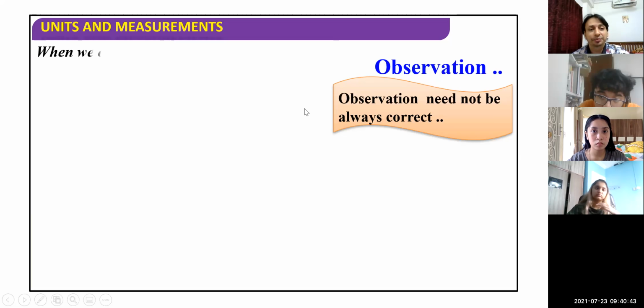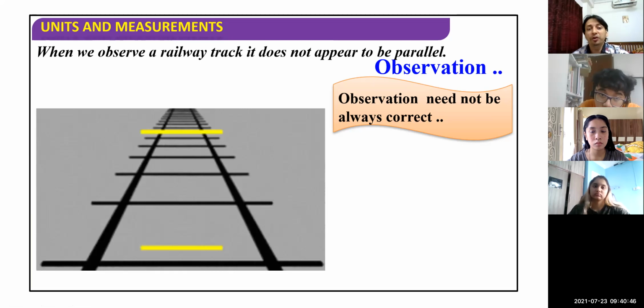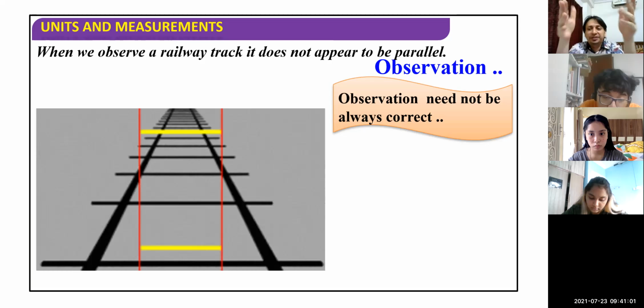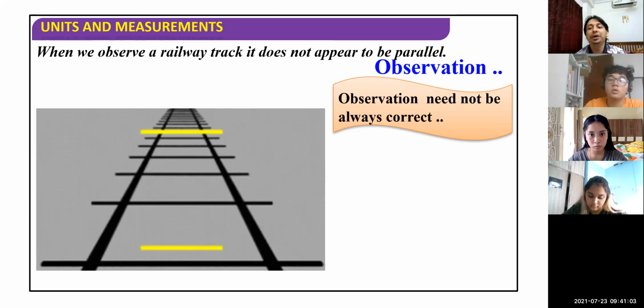For example, suppose you are standing on a railway platform, and you know that the railway track is parallel. But when you look at a large distance, you find that it is converging. It appears that it's not parallel, but in reality it's a completely 100% parallel track.